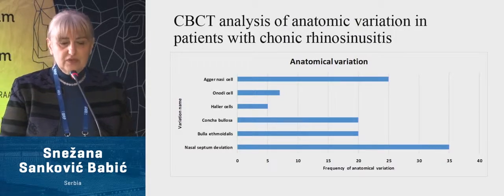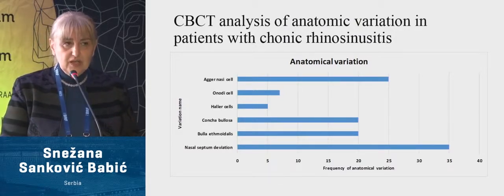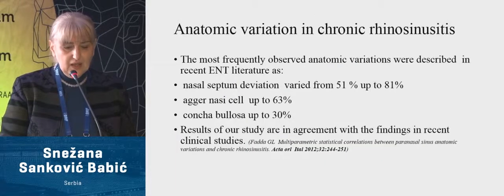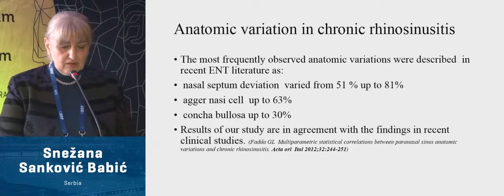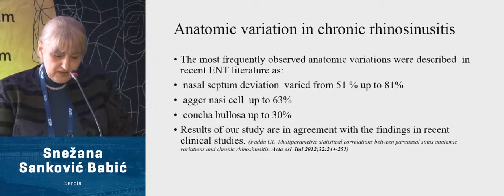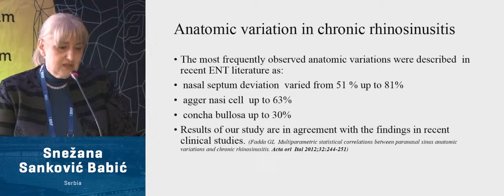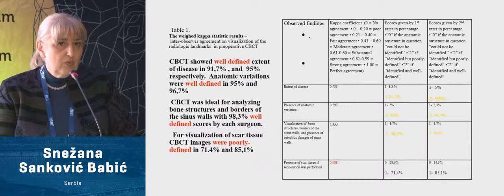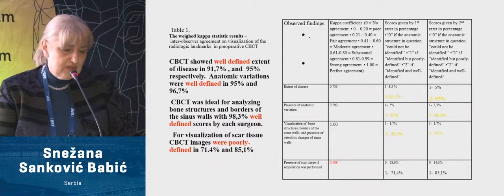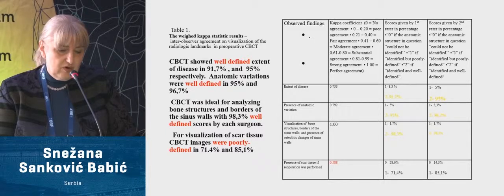According to the results of our study, anatomical variation was present at the same frequency as in other clinical studies. The results are in agreement with findings from both CBCT and classical CT studies. Our observers concluded that CBCT showed the extent of disease well, with a very high score.